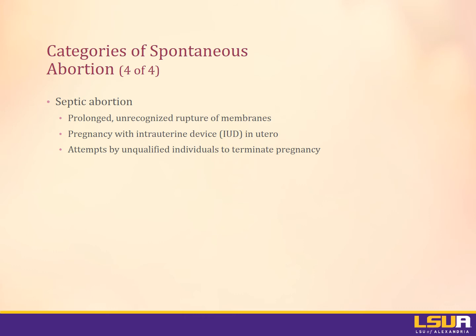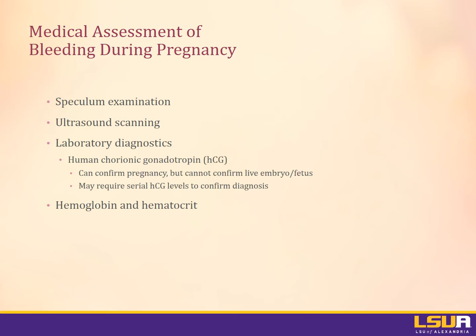Mother ends up getting very septic, very sick, and sometimes can lose her life to these things. That's why once she gets pregnant, if she is wanting to get pregnant, we want to get these IUDs out because it can cause a septicemia.